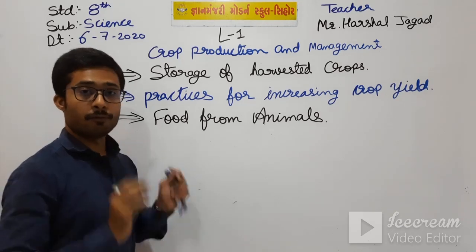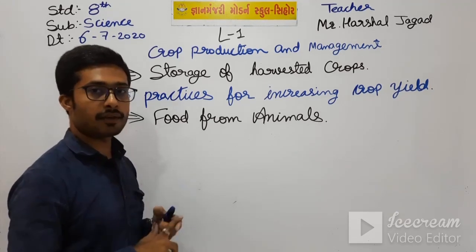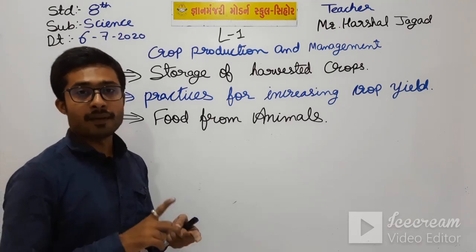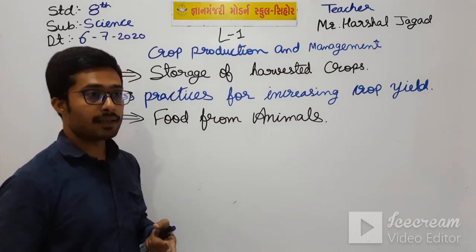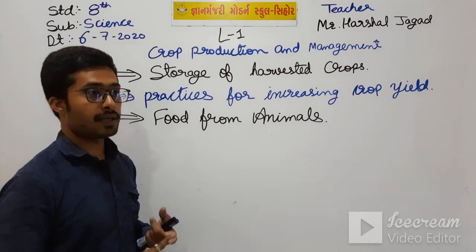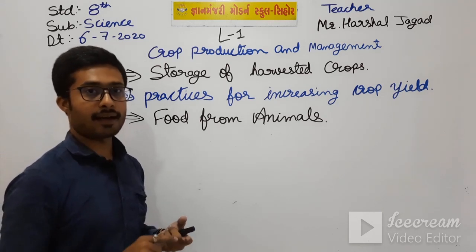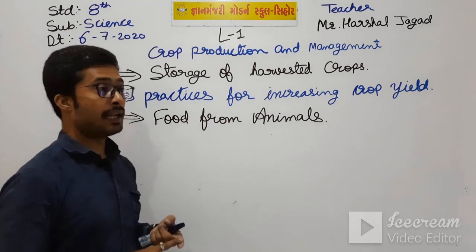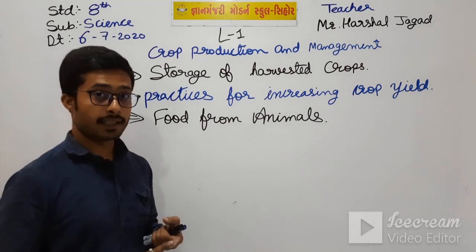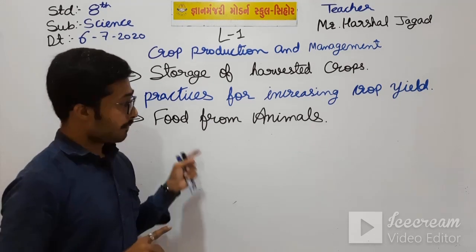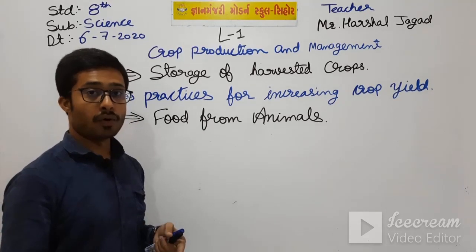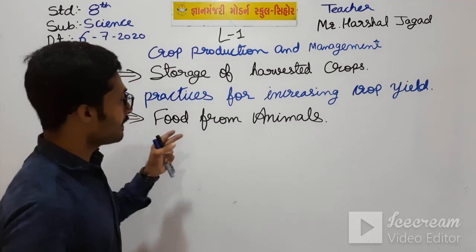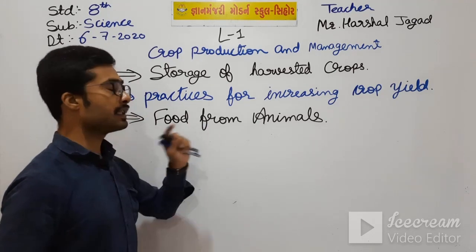The food we get from animals is known as food from animals. In that we all know milk. From milk we can get cheese, butter, paneer, etc. These are known as dairy products. We also get honey from bees, meat from goat, and so on. These are some of the foods from animals.